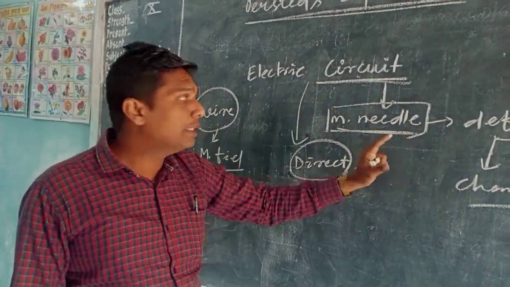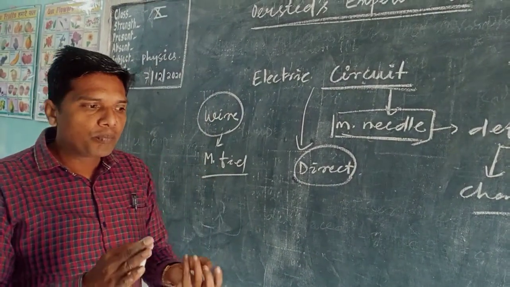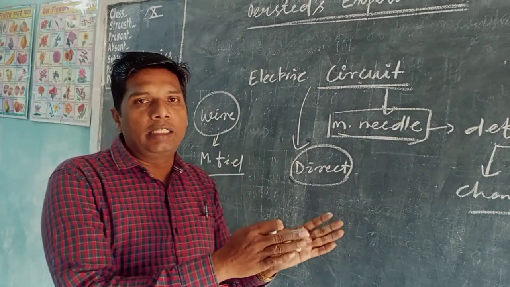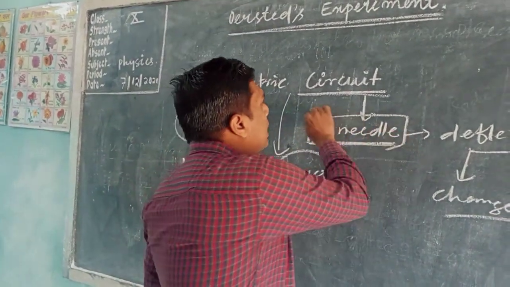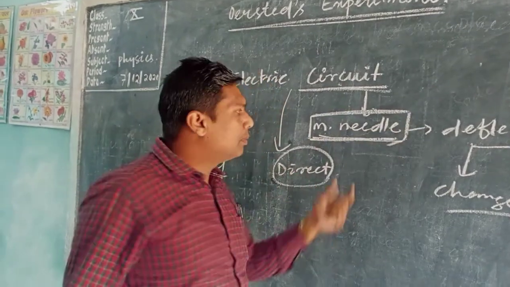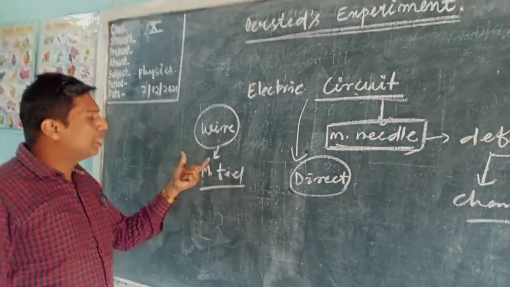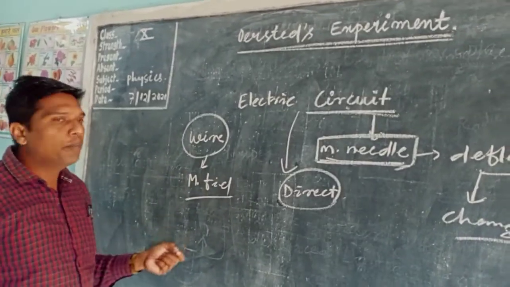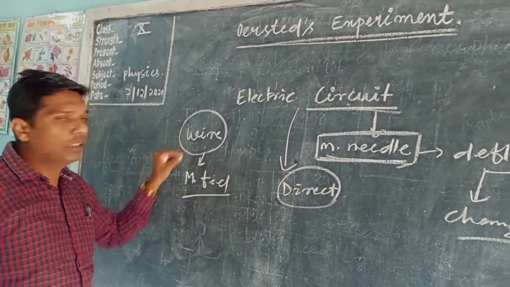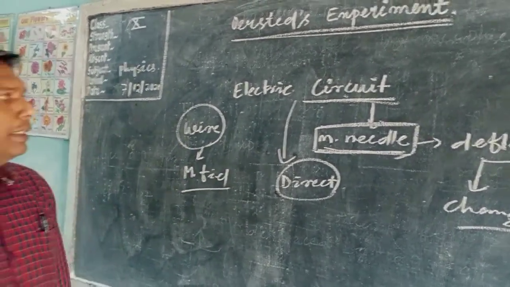So when will this magnetic needle get deflected? When there is some magnetic field. If a magnetic field is there, then only the magnetic needle starts to deflect. That means from this experiment, he came to know that when current is flowing through a wire or a conductor, then around this conductor or around the wire, a magnetic field will be created.